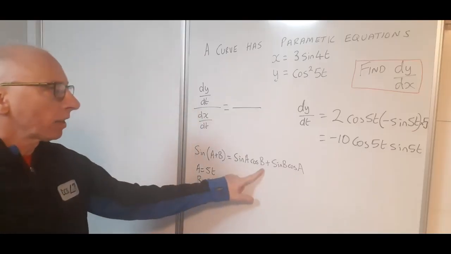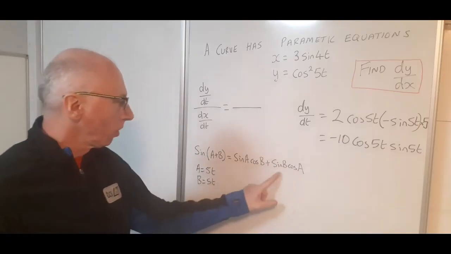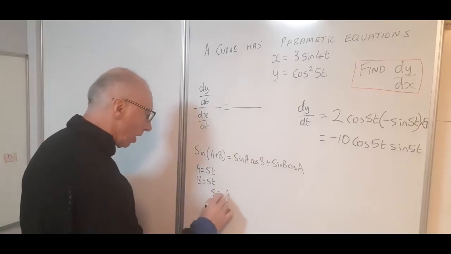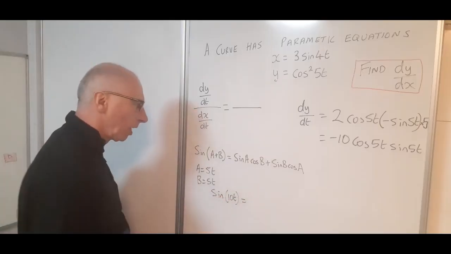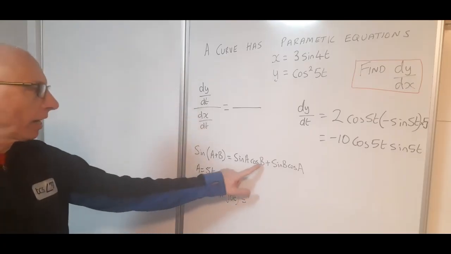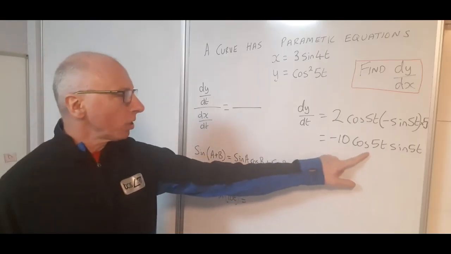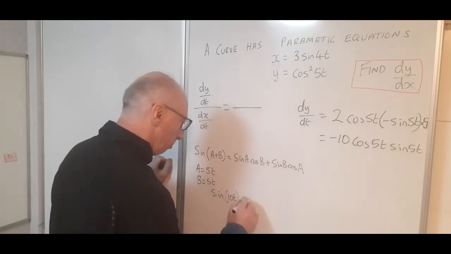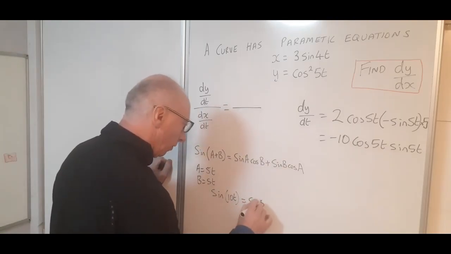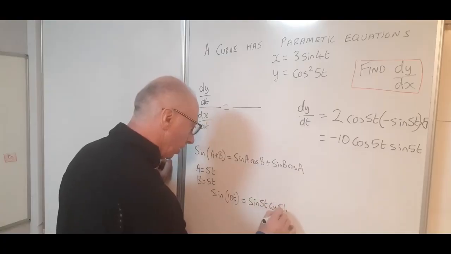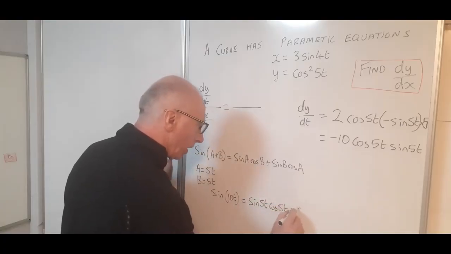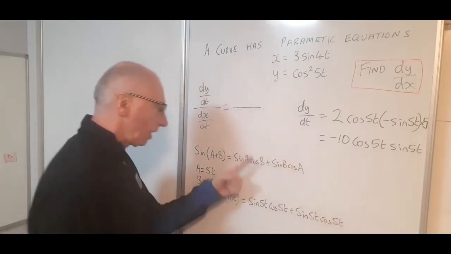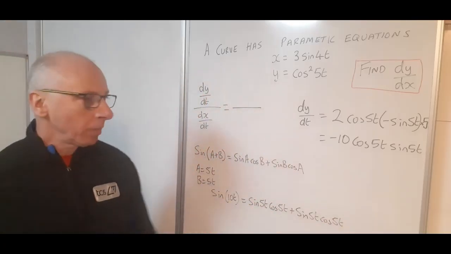So that'd be our sine and cosine of 5t, which we've got in both terms. Then the sine of a plus b would give us the sine of 10t, and then we've got sine a cosine b plus sine b cosine a, so sine 5t cosine 5t plus sine 5t cosine 5t.